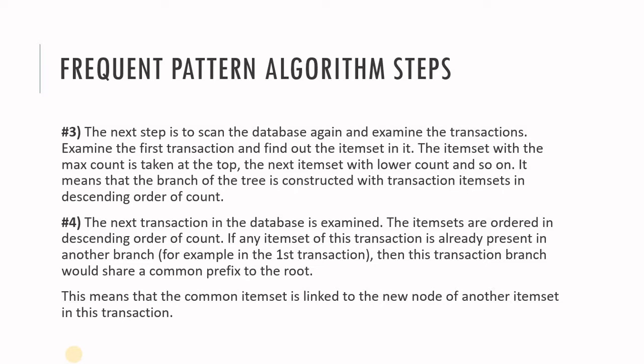So we are not creating a new node, but just attaching that node. If it is in the same branch, then we increase the count, and if it is not in the same branch, then we create a new node and attach it to the old node. This means that the common item set is linked to the new node of another item set in the transactions.